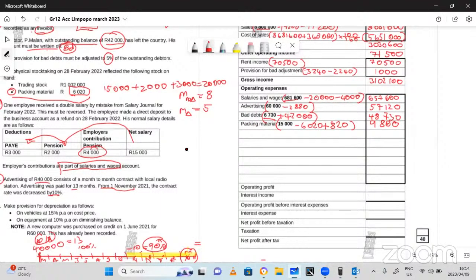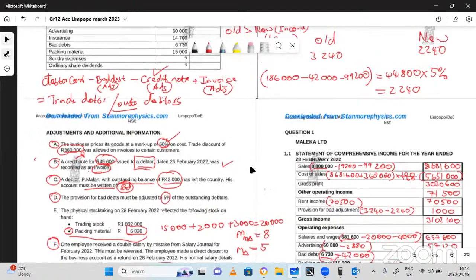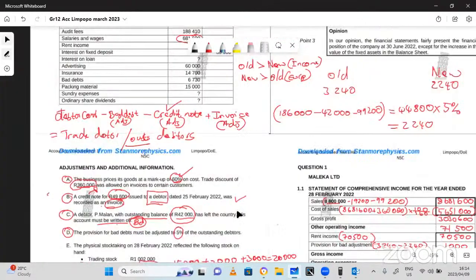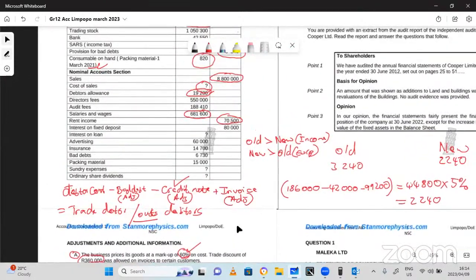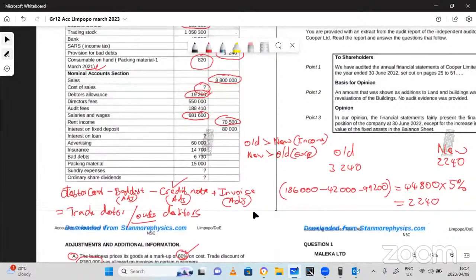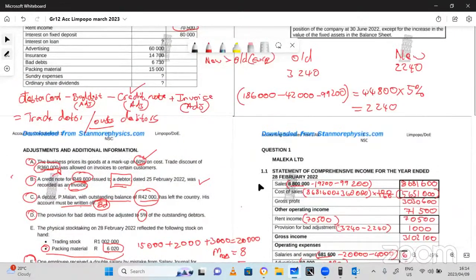We are done with the expenses that they have given us. So we are going to go and check for our other expenses. It's fine either way, whether you started with the previous balance.